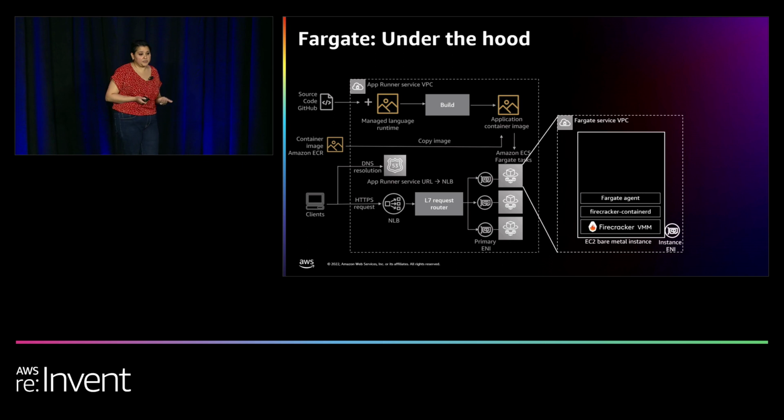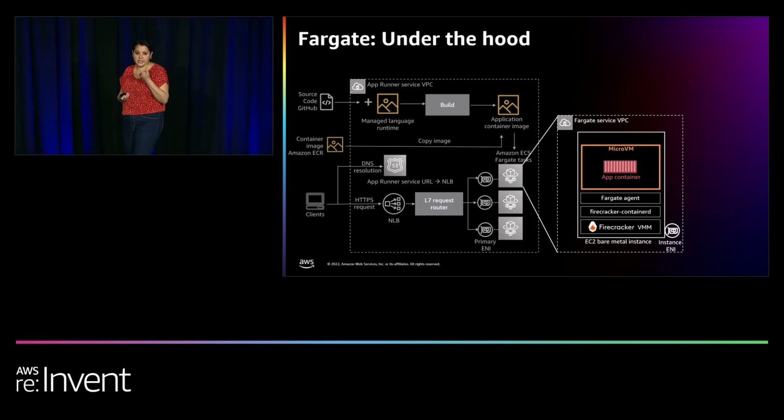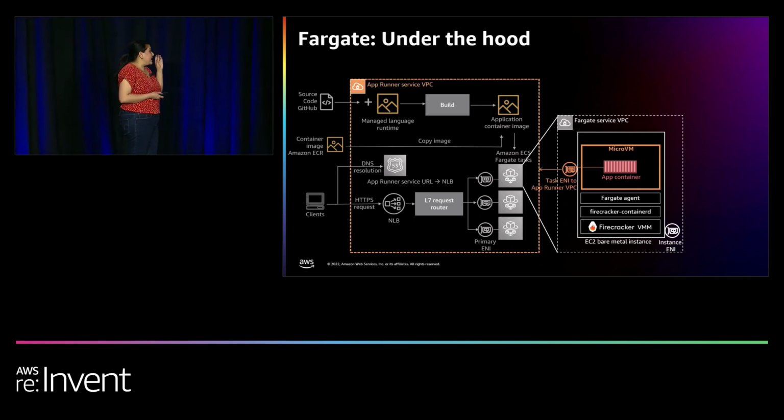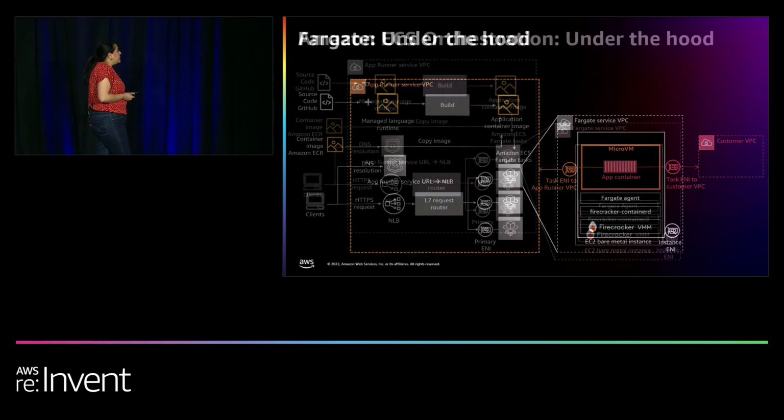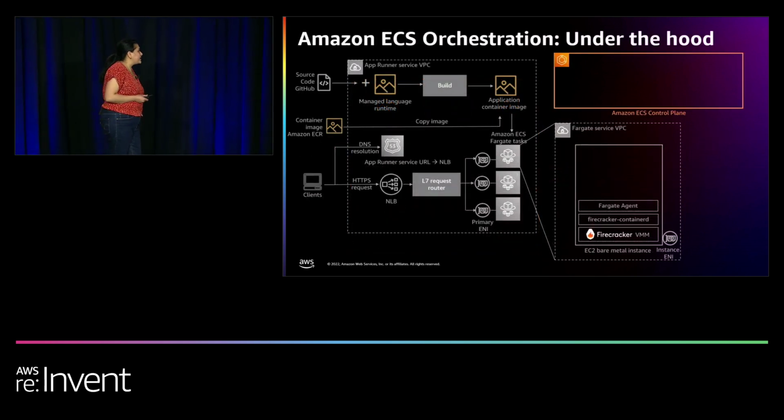And then we basically have these micro VMs that are running your actual application container within it. And then we have ENIs at the micro VM layer, separate from the ENI for the actual bare metal instance. They're dual homed. Like we talked about before, there's one ENI attached to this micro VM that talks to the App Runner VPC, and then there's a secondary ENI attached to the VM that talks to your VPC. So that's the Fargate story.